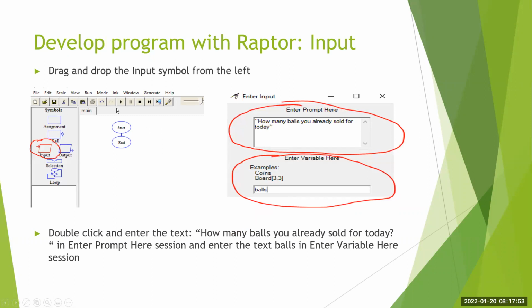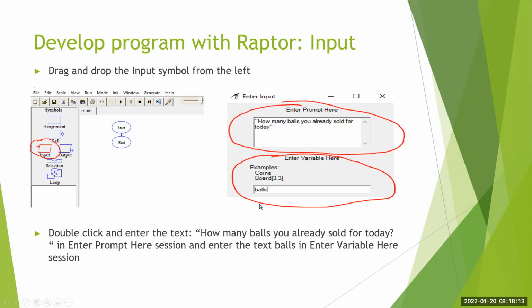Now, when working with Raptor, that is the Raptor interface here. It's very simple. The first thing you have to work with is the input. Remember, input is everything about the prompt. You have to tell the user how many balls he sold today, so you have to use the prompt.